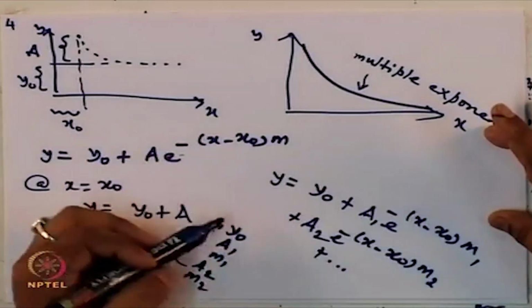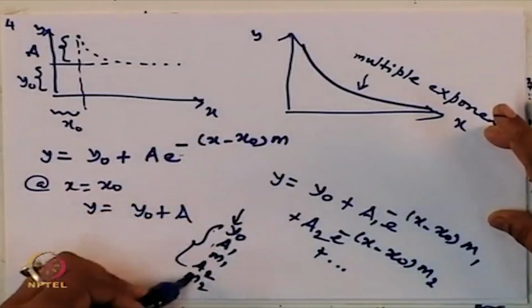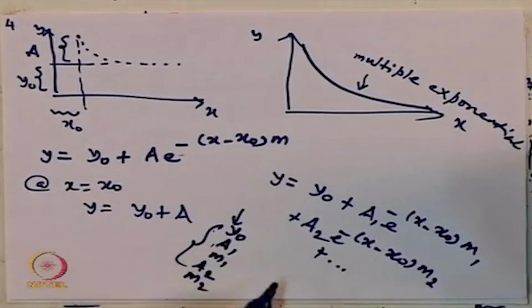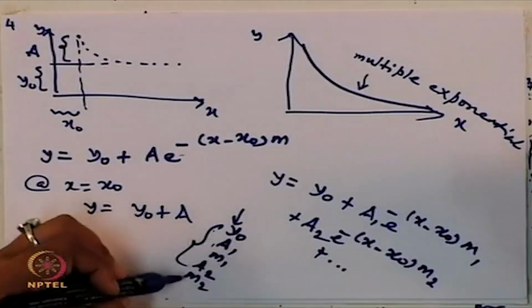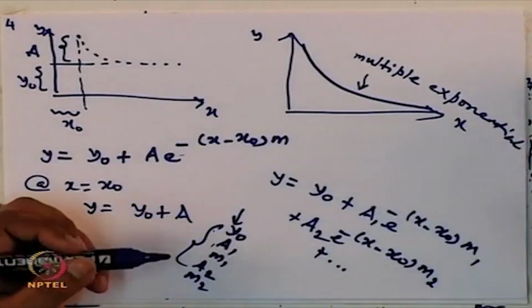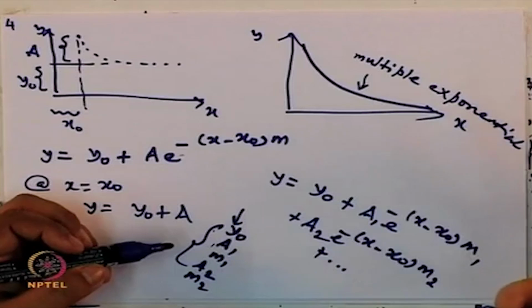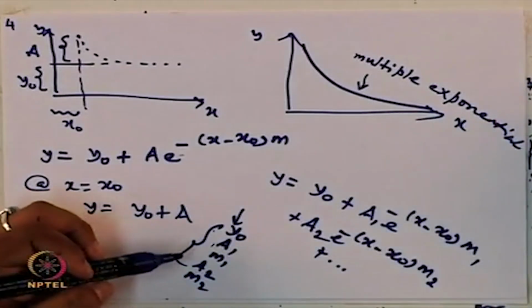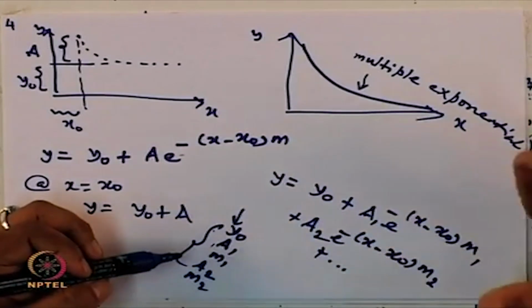Okay. Y naught might be easy to understand, but all these other variables need not be as straightforward. So, increasing the number of variables, you have to optimize for more parameters, which is difficult in higher dimension space. So, it is best that you use the minimum number of fitting parameters to get a good fit of your population.